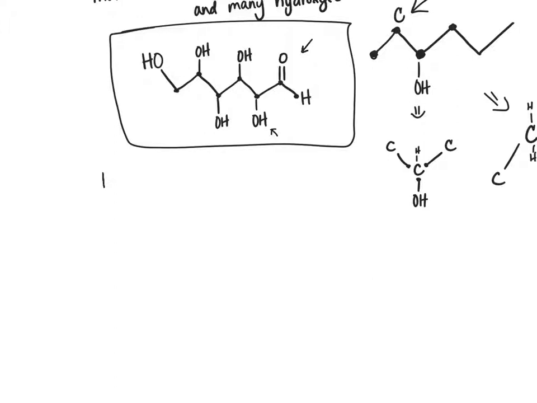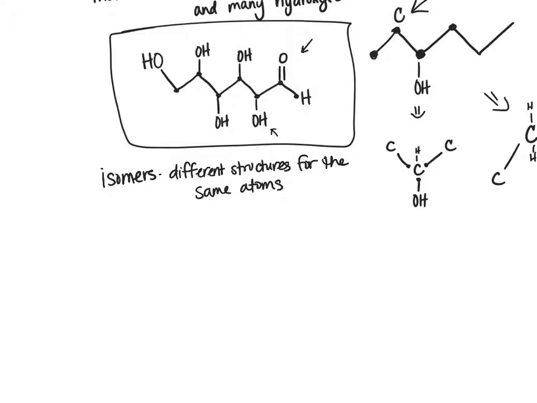So remember we talked about isomers in basic chemistry. So we have our isomers. Remember, these are different structures for the same molecule, for the same atoms. All right, so we have our basic structure here with carbons, hydrogens, oxygens, and then we have isomers.